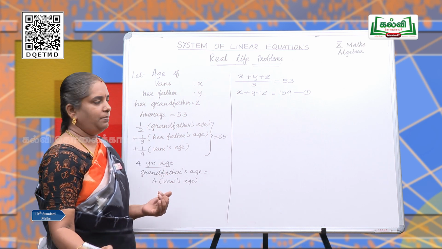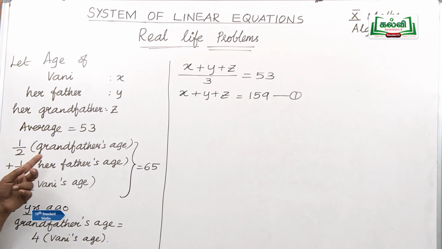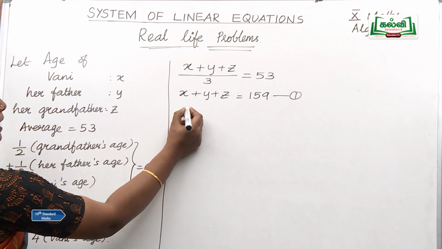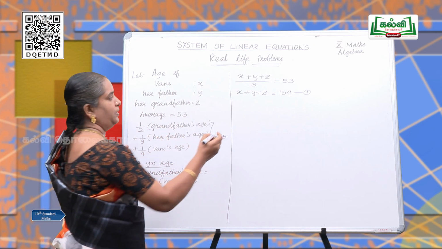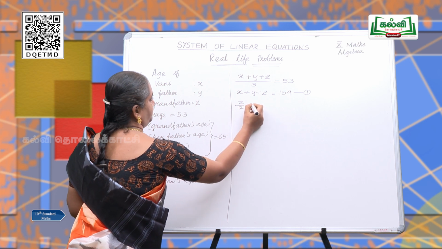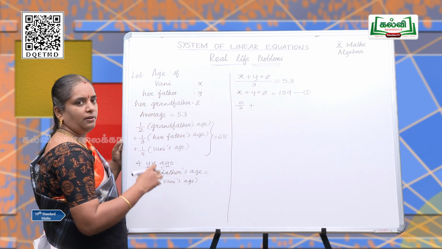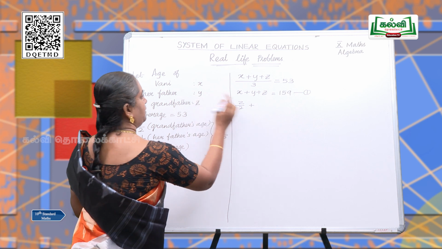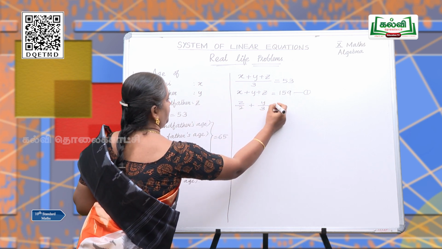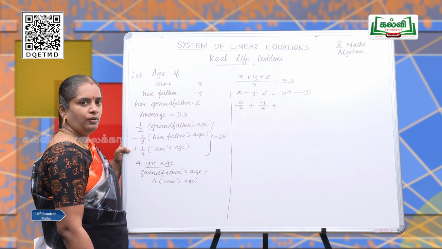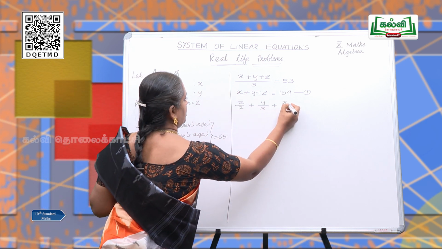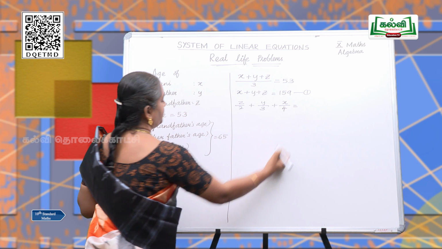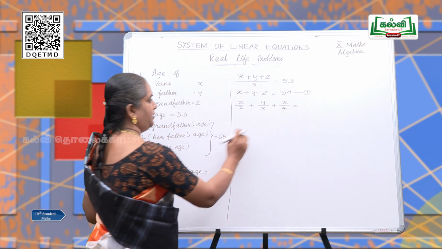Look at the second statement which says half of grandfather's age. So, half of grandfather's age, here grandfather's age is Z. So, Z/2 plus 1/3 of her father's age, Y/3, plus 1/4 of her age, that is Vani's age, so Vani's age is X, so X/4, add up to give 65.